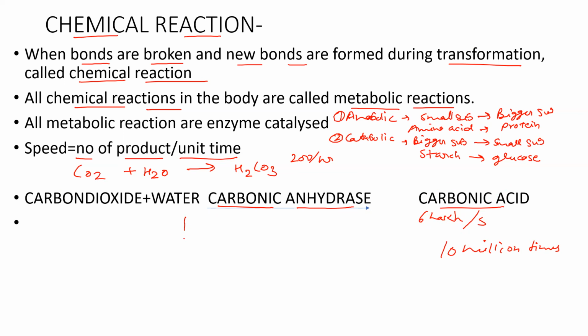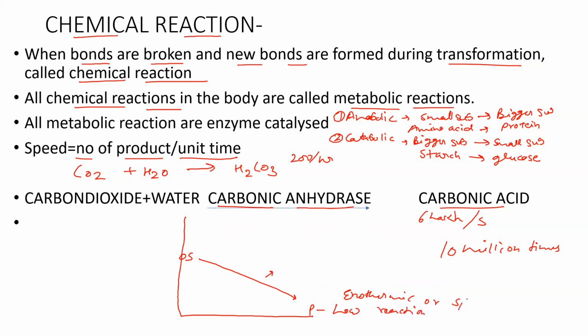Chemical reactions are of two types. So here is the graph. Suppose that here is the substrate and here is the product. The product energy level is low, so the substrate will release energy and convert into the product. That is called exothermic reaction or spontaneous reaction.